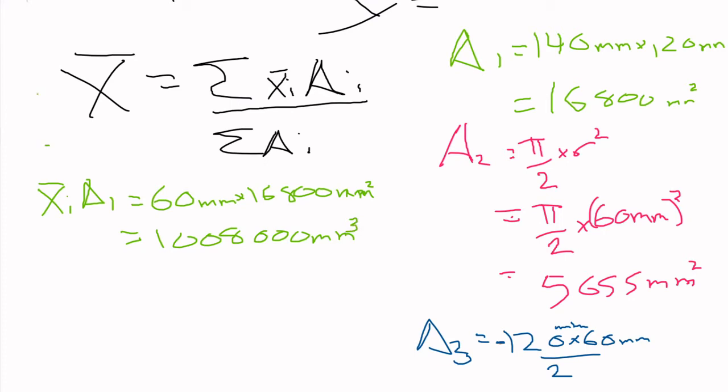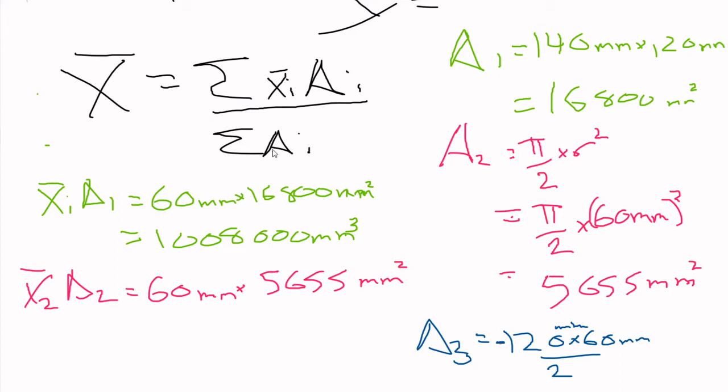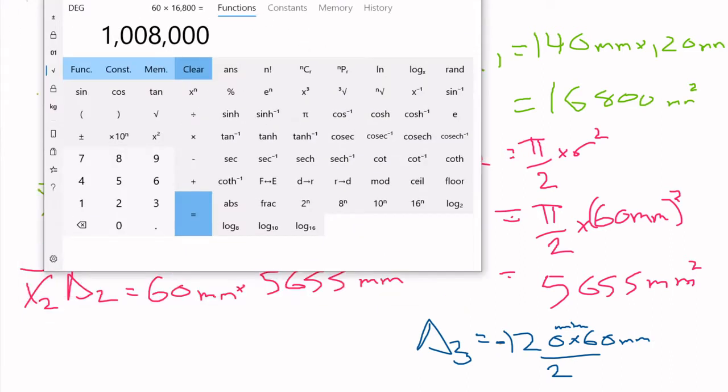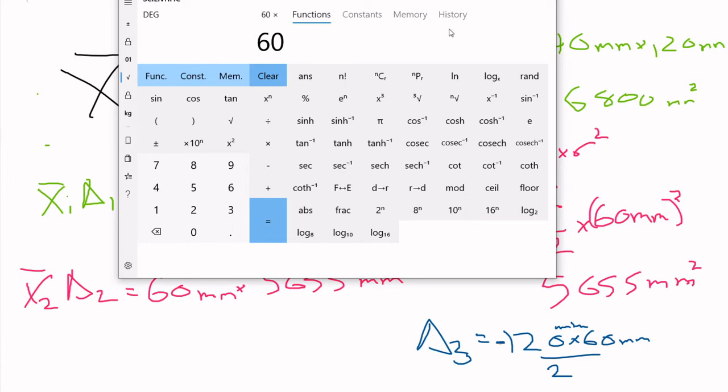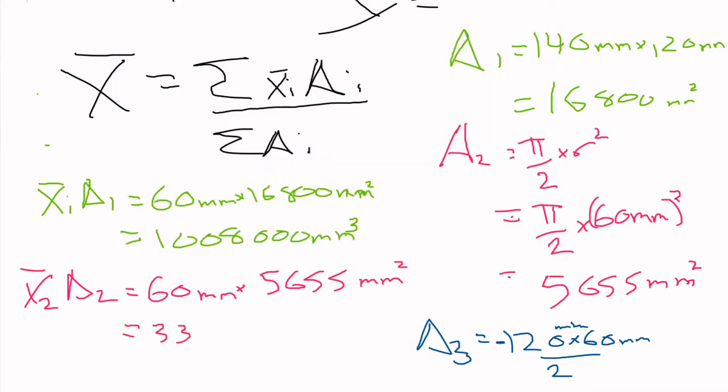Next up, our second area: x bar 2 A2 is again 60 millimeters times 5,655, which gives 339,300.